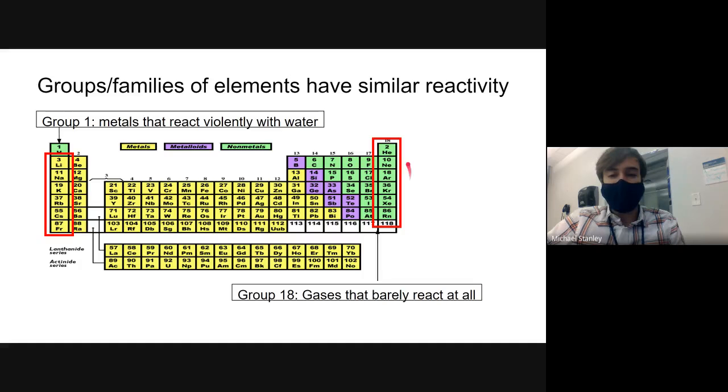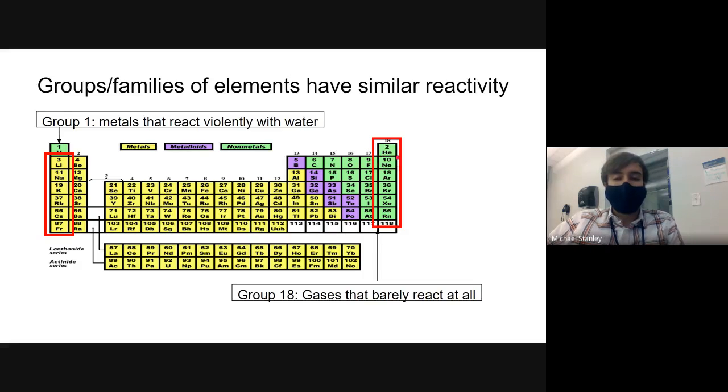These guys in group 18 over here are the exact opposite. Our group 18 atoms are extremely non-reactive because they have completely full outer shells, right? So helium has 2 on its outer first shell.